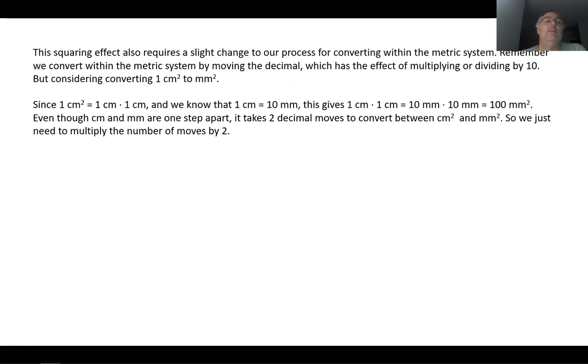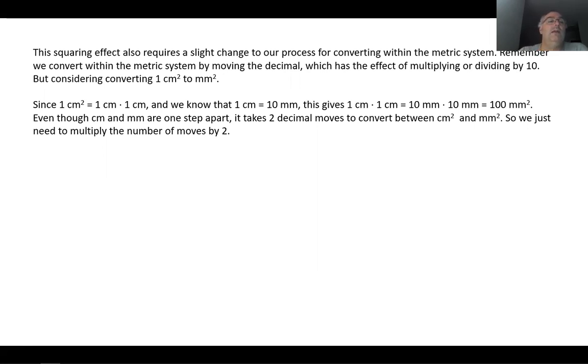And we know that 1 centimeter equals 10 millimeters. So this gives 1 centimeter times 1 centimeter, which would be the same thing as 10 millimeters times 10 millimeters, which is 100, and millimeters times millimeters is a millimeter square, or a square millimeter.